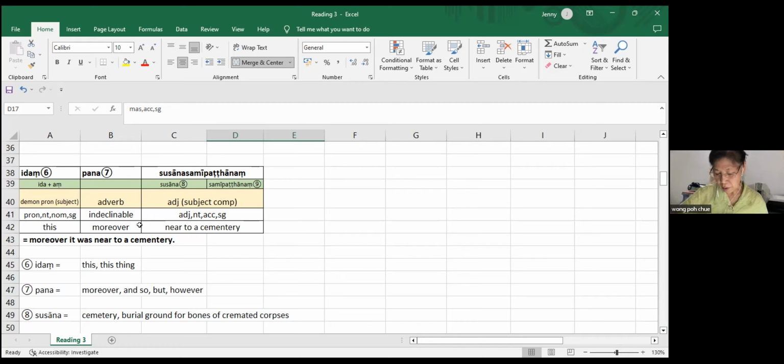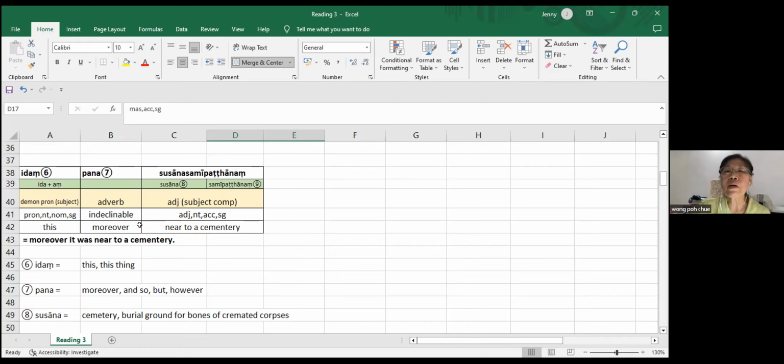initially there was also a bit of confusion here as to whether this is an adjective or a noun, because the word is actually Sami Pa Tanang. So Sami Pa here is an adjective, near, and Tanang, I checked from the dictionary, means a place nearby, neuter. So I take it as neuter, accusative, singular.